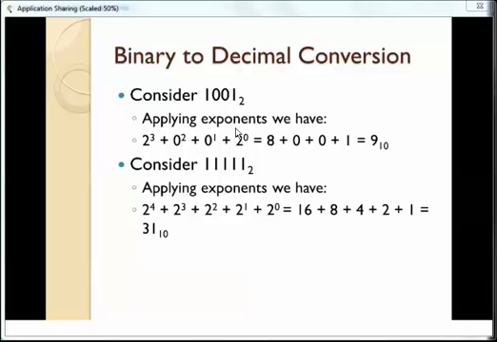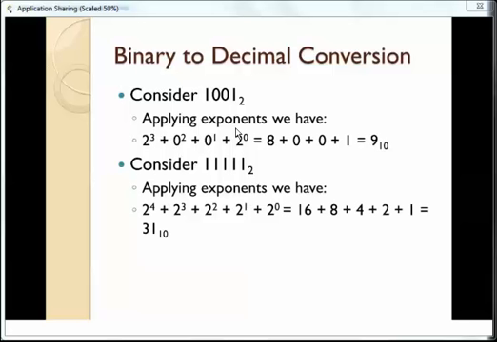As a second example, consider a binary number 11111. Again, applying exponents. The first one is going to have the exponent value of 4, so it's 2 to the fourth power. And again, it's 4 because we are in the fifth position if you started from right to left, but we're starting with 0 on our exponent, so it's always going to be 1 less than the position that we're at.